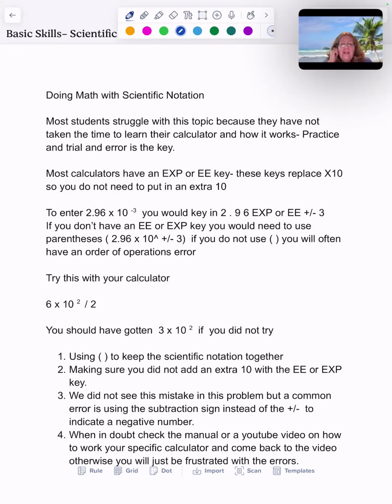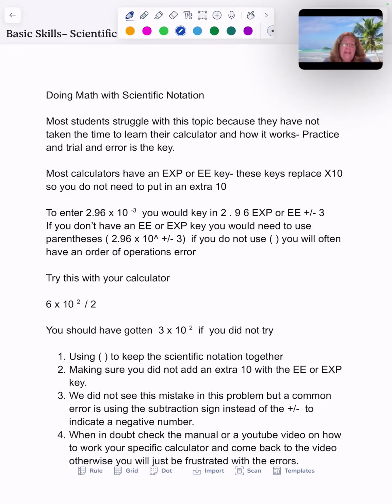So the key here is to try a couple of really simple calculations first to get the hang of how your buttons work. If you're trying to do 6 times 10 to the second power divided by 2, on my calculator, I put 6. I'd press that blue second button.